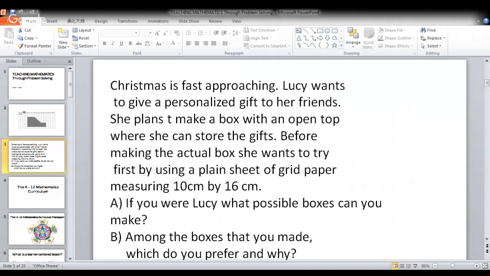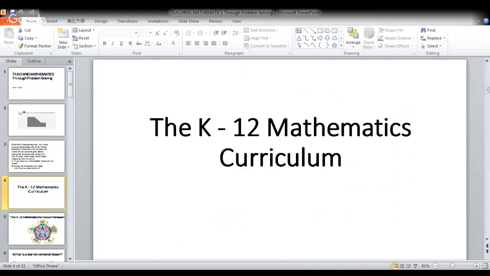But 12 by 12, I try to think about that box. There's a rule on this problem. There should be no material wasted. You should maximize the 10 centimeter by 16 centimeter measure. Okay, so, oh, there's another, good.